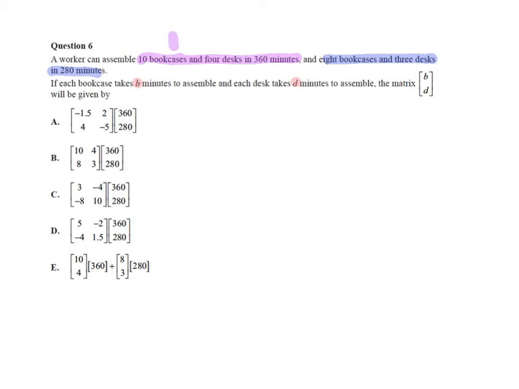So if you look here, this is 10B, 10 bookcases plus 4 desks equals 360, and 8 bookcases plus 3 desks equals 280.